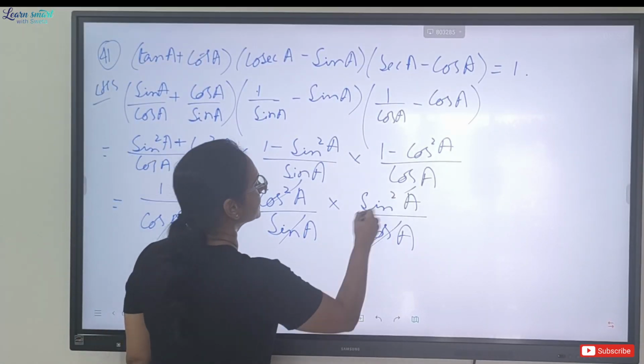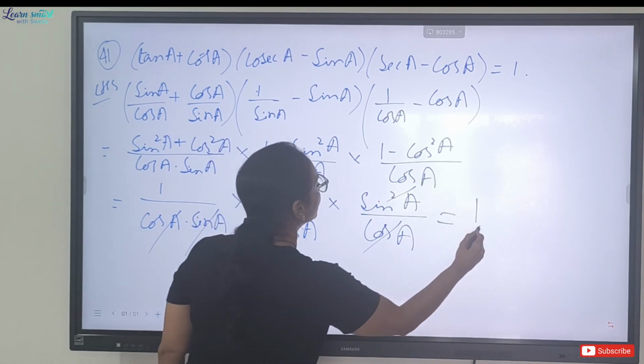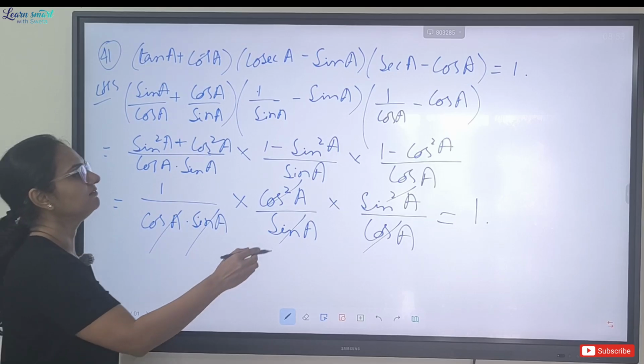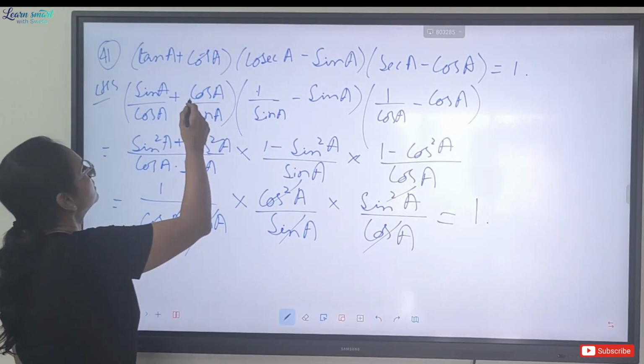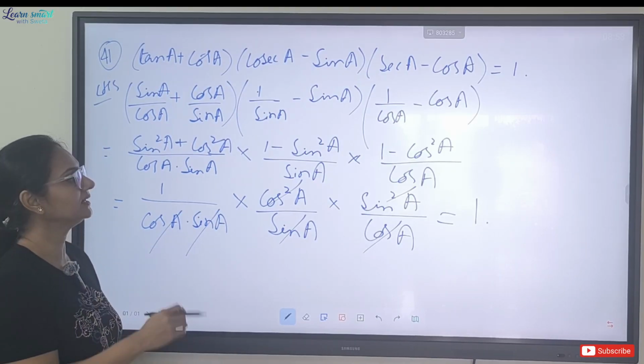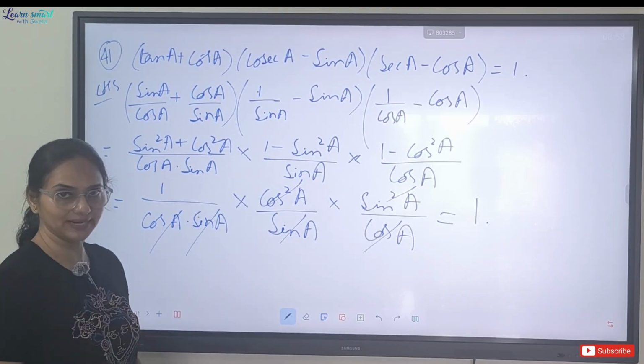And same thing, sin square A in the denominator and sin square A in the numerator. So we get 1. And this was again a very simple question. Solve, put the values: tan as sin by cos, cot as cos by sin. Solve and you get the answer, right?